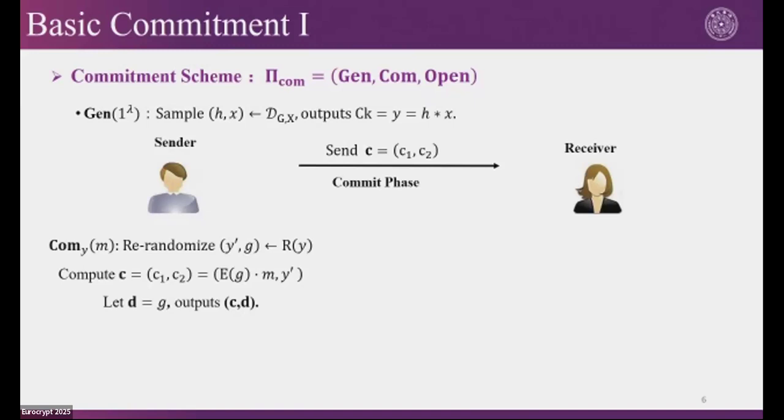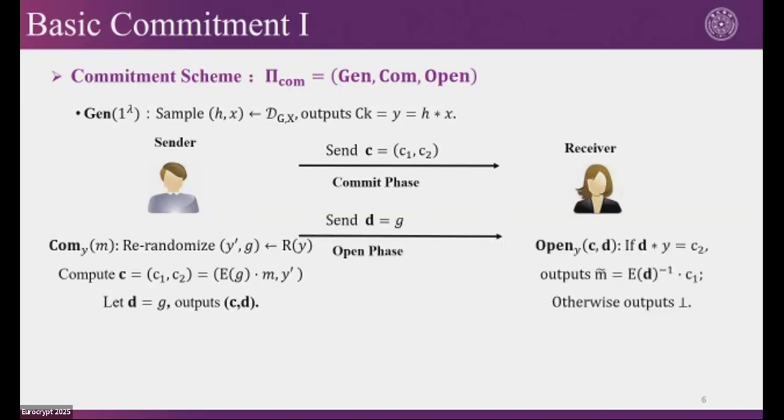Next, he computes the commitment value equal to E(g) times M and y prime. The opening value will be the group element that maps y to y prime. For the receiver, she first verifies that e star y equals C2, which is y prime. Okay, and if it is correct, she computes the message in such a way.